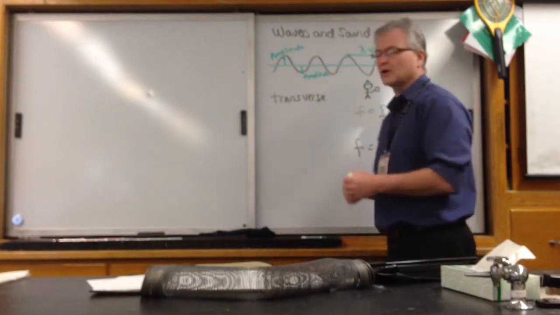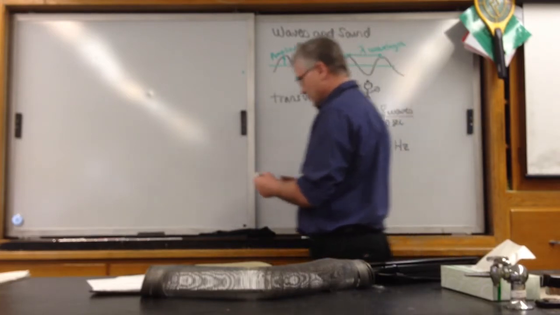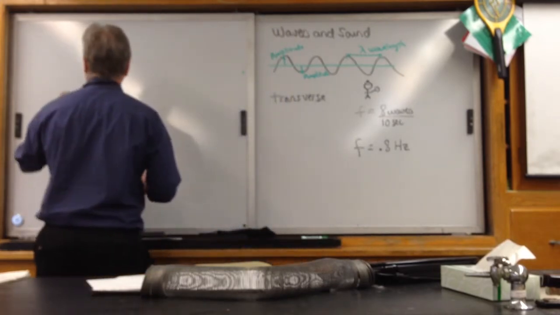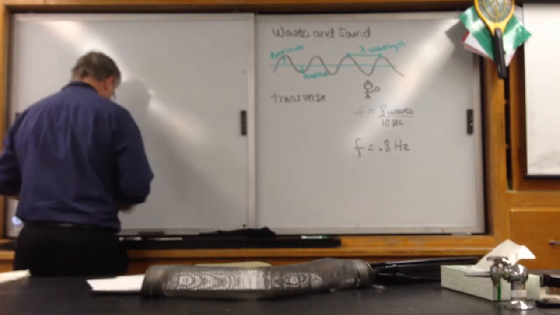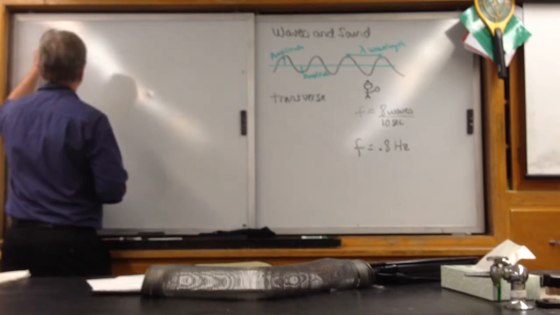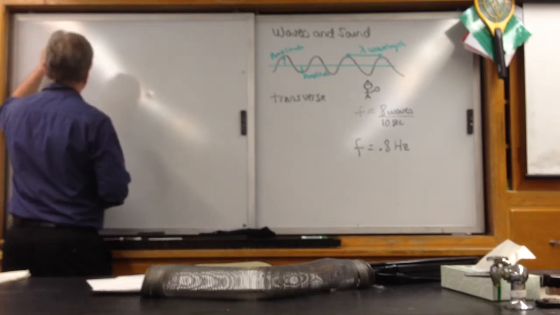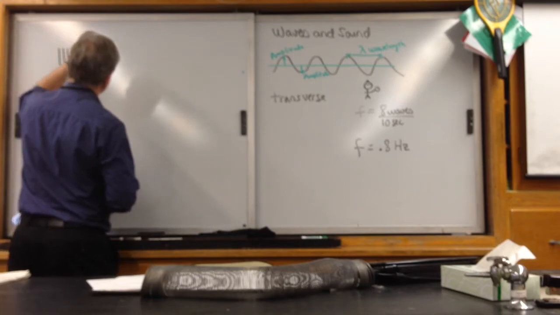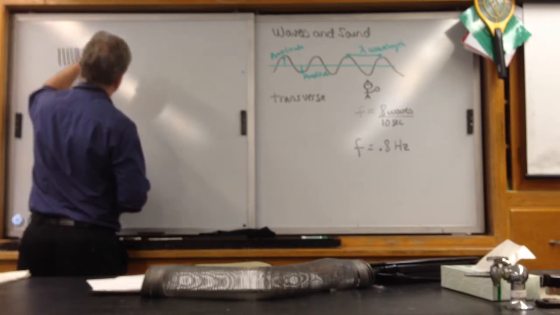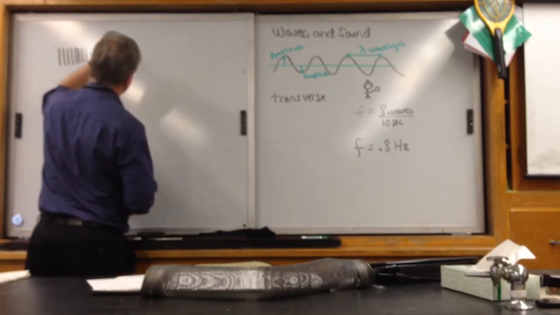All right, now, there are other types of waves. So what I'm going to draw over on this side is an alternative to this. So let's just pretend we have a slinky, and the slinky itself has spaces in it. And what I'm going to do is push on the slinky and give it a little bit of a compression.